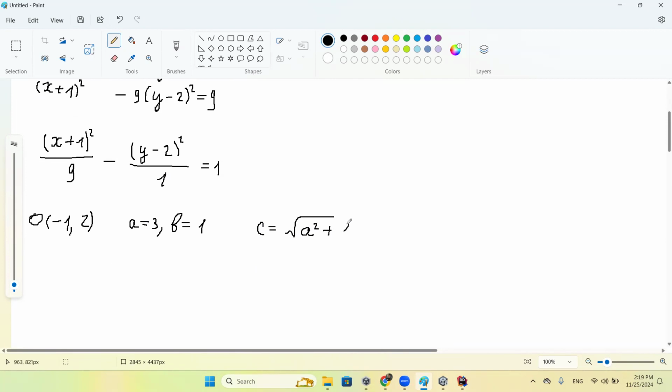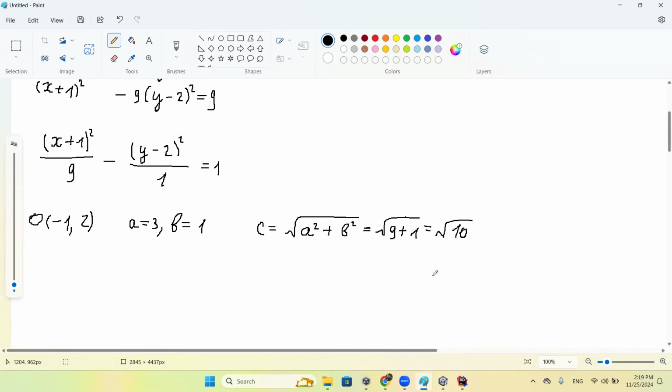So A in power of 2 plus B in power of 2, and the square root of this sum, so 9 plus 1, square root of 10.